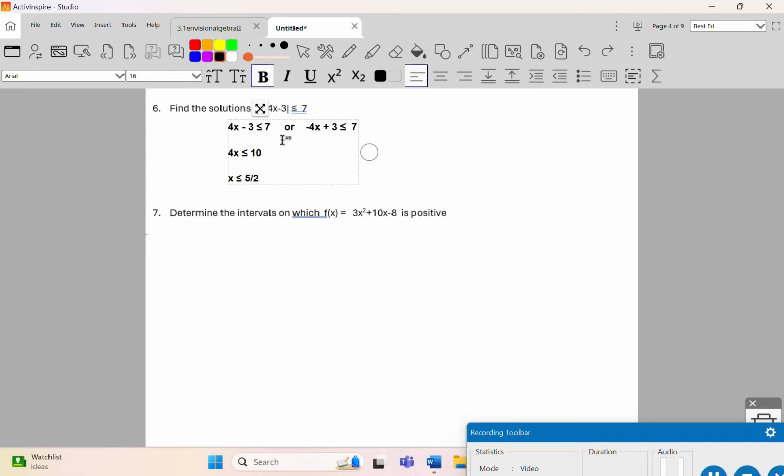Let's work on the OR guy. We take away 3. We get 4. We divide by negative 4. And when you divide by a negative, you have to flip the inequality symbol.